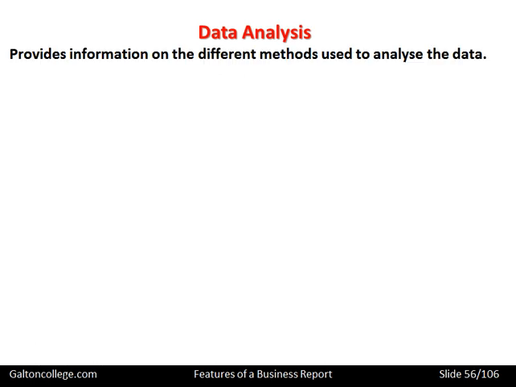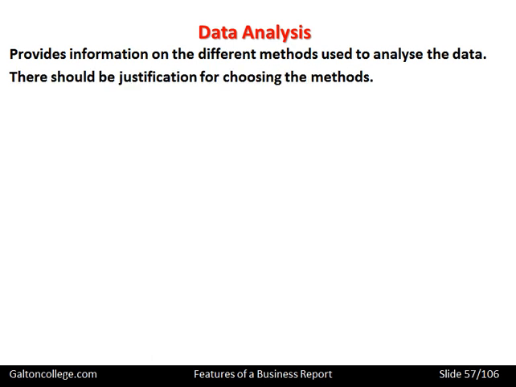Now, data analysis provides information on different methods used to analyze the data. So the data analysis section of a report simply states how the information was analyzed. And there should be a justification for the method that was used. There are many methods that could be used: statistical, tabulations, pictorial representations of data.